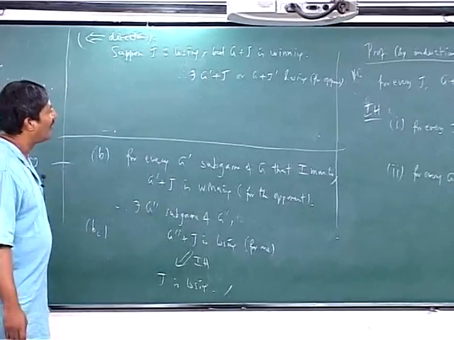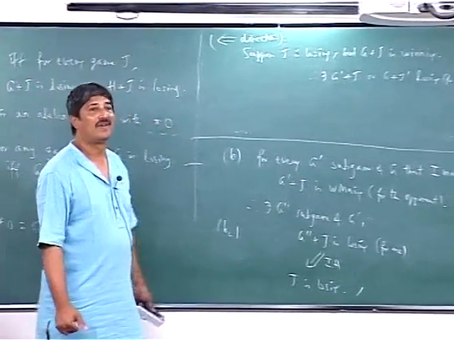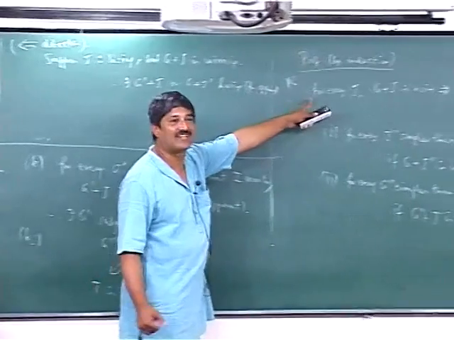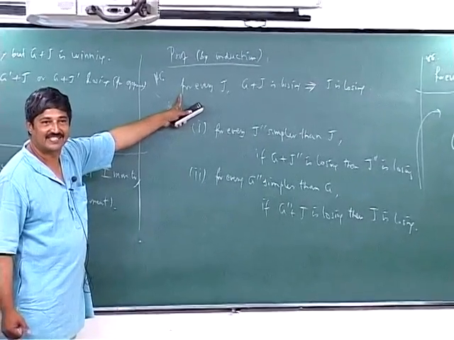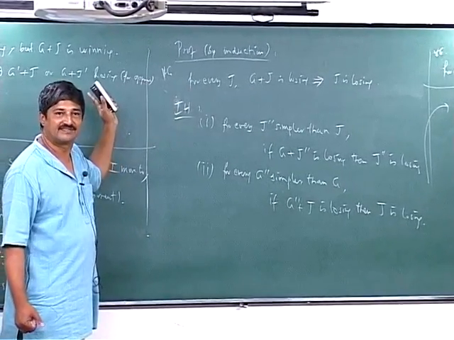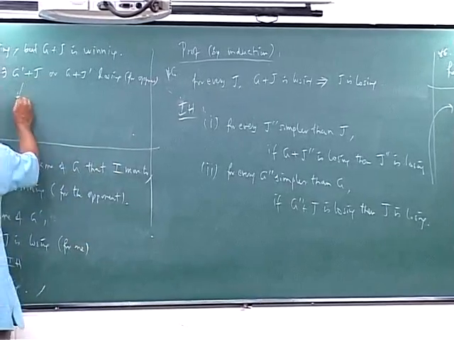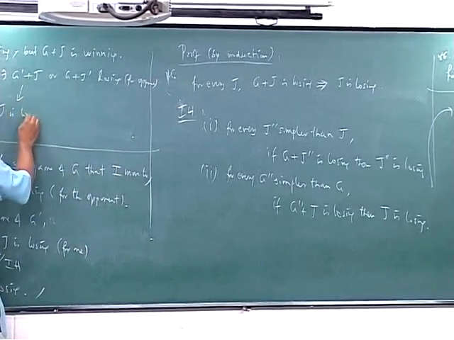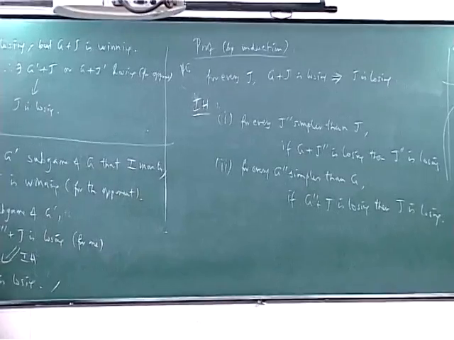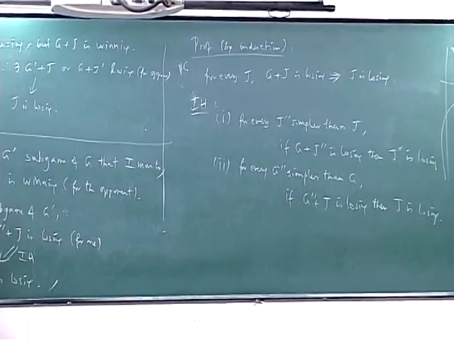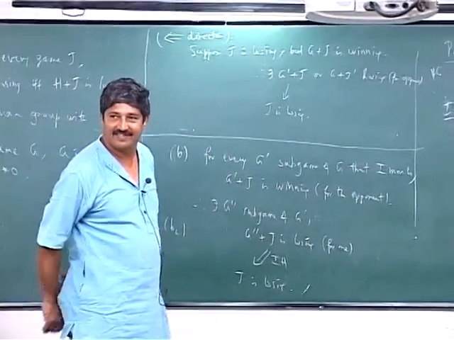What do I know now? We have already proved this direction of the game by induction. Therefore, I can use it. From this, I'll get J is losing. And what about here?